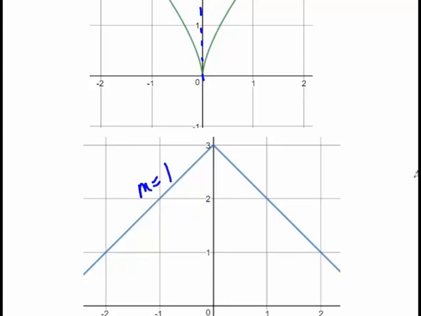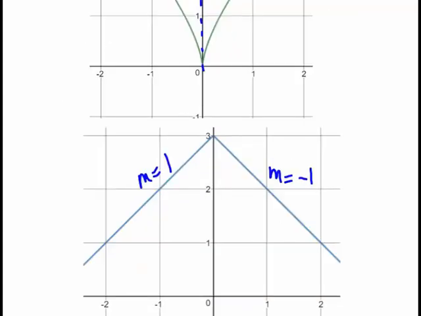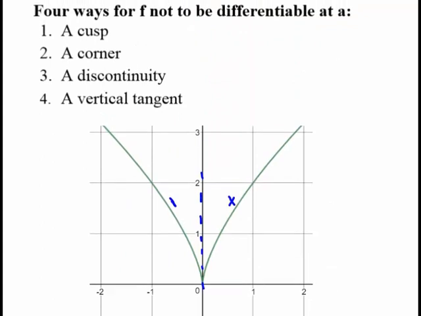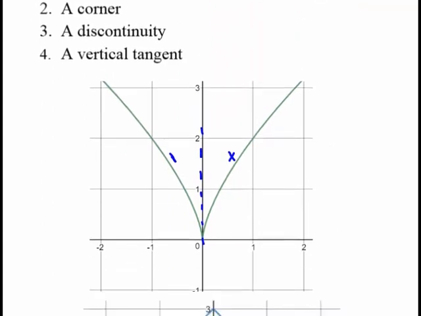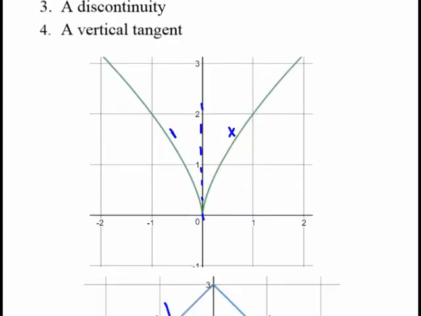Here, the right-hand slope is equal to -1. And so, as I'm approaching from the 2 different sides, they're not matching. Those are called a corner. So both corner and cusp, the left hand and the right hand are not matching up, but on a cusp, it's approaching this infinity vertical tangent situation.